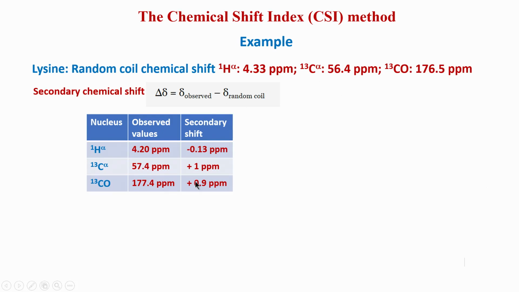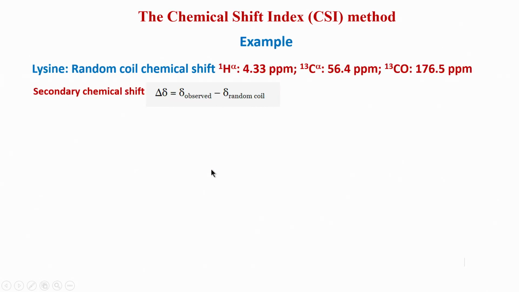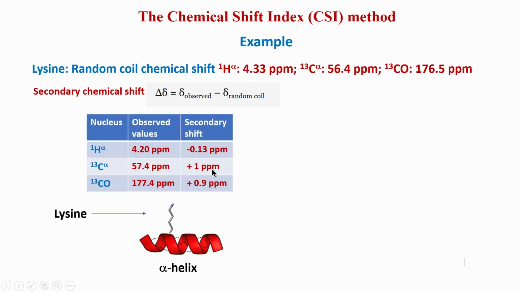So, you can see that these 2 are positive and this is negative. Now, according to our previous slide, it belongs to this particular category. It is less than minus 0.1, it was minus 0.13 and so on. So, in that case the lysine is in the alpha helix conformation.